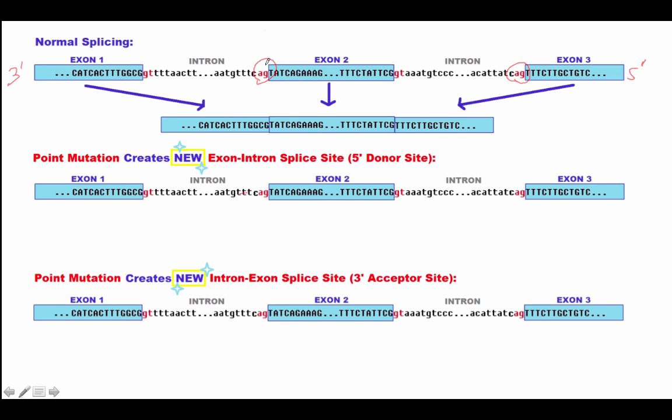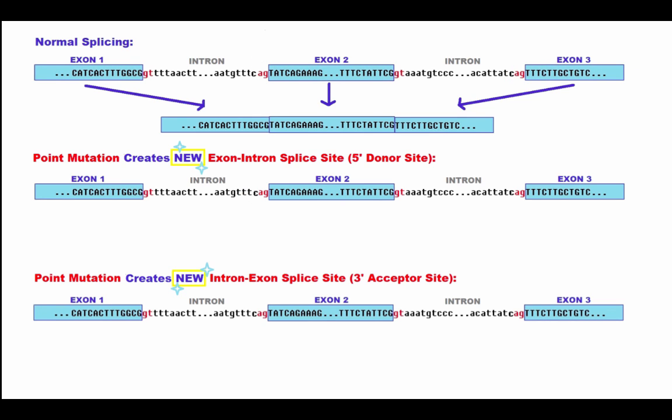It's called the 5' donor site because this is the side of the exon that is then donated to the 5' side of another exon when they are fused together to form the mature mRNA transcripts.